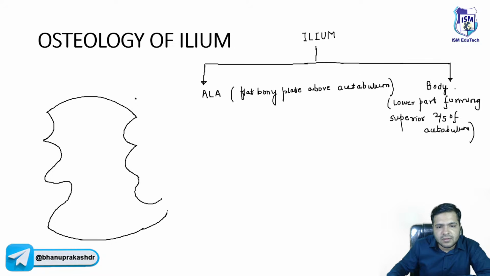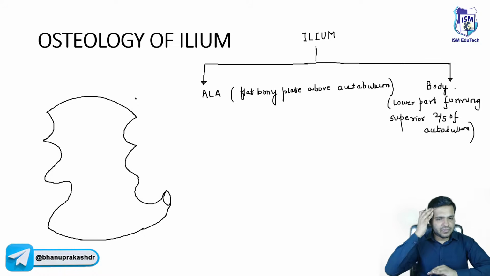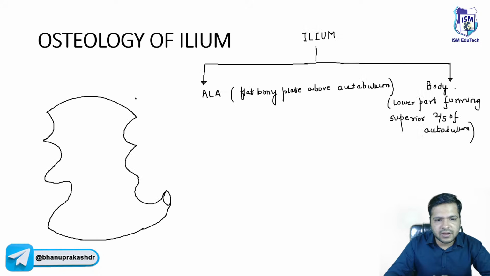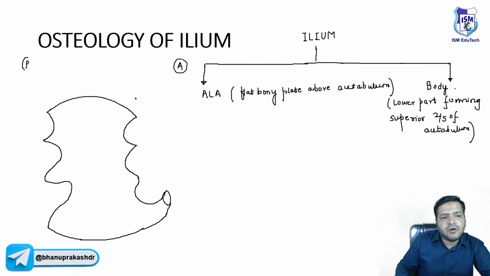I'm not concerned about the lower part right now. I will just talk about the ilium. Now, beta, this side is the anterior. From anterior to posterior. Now we will label the parts.